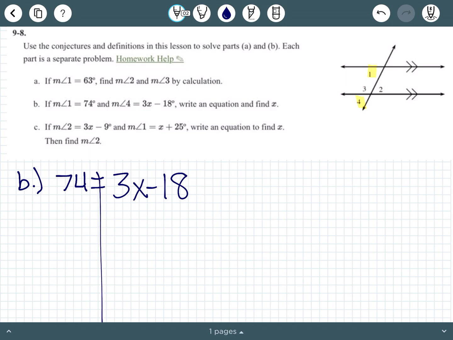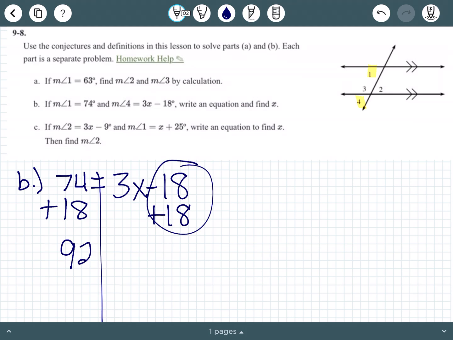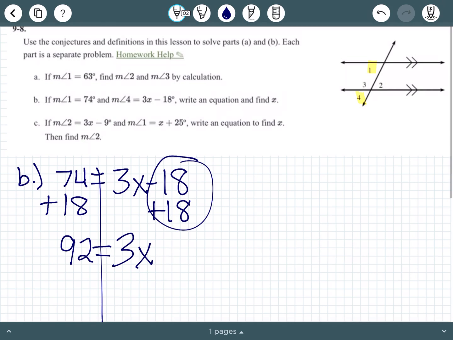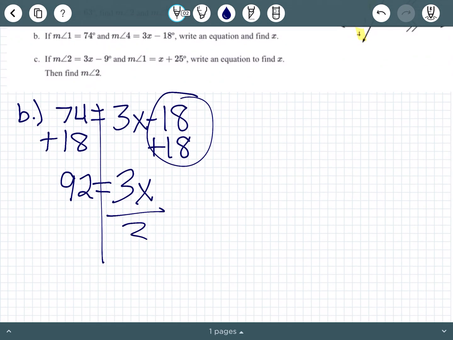So what I can do is I can add 18 here to make a 0 pair. Add 18 to this side. And 74 plus 18 equals 92. So I would have 92 equals 3x. And then I would need to divide by 3 on each side. And 92 divided by 3 would give me roughly 30.